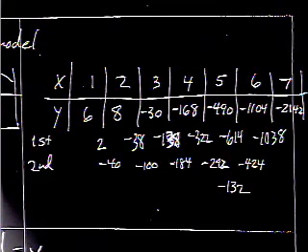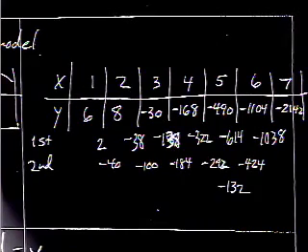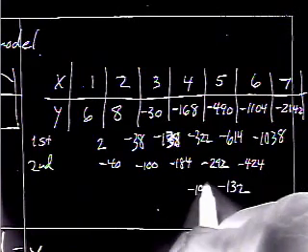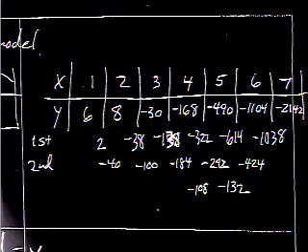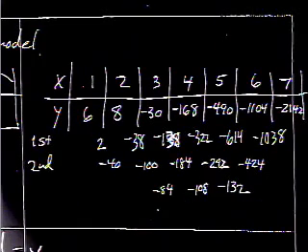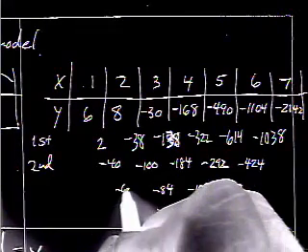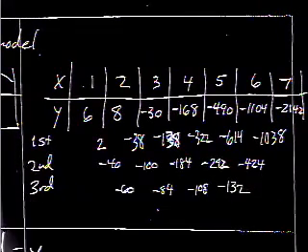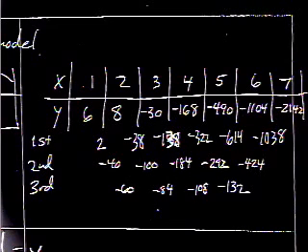Negative 292 minus negative 184, negative 108. Negative 184 minus negative 100 is negative 84. Negative 100 minus negative 40 is negative 60. Clearly it did not work out for the third difference.